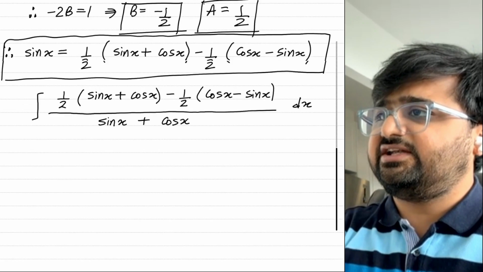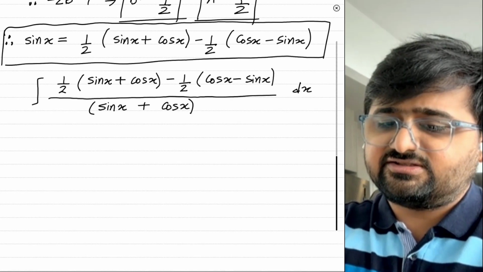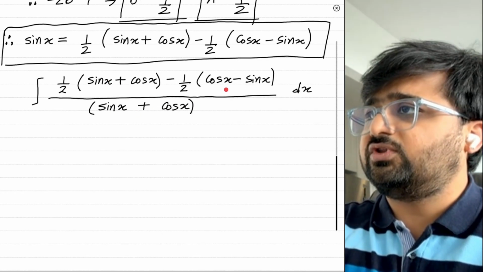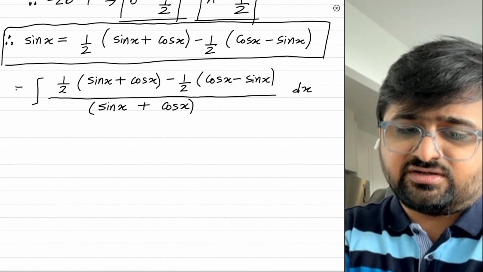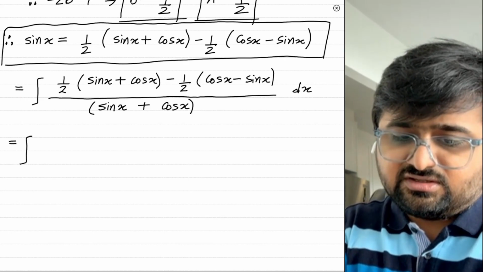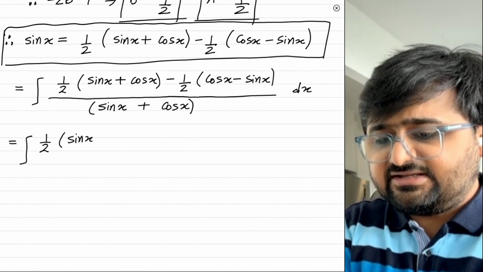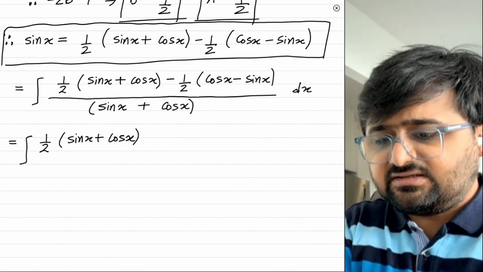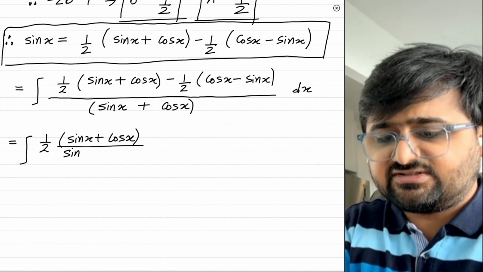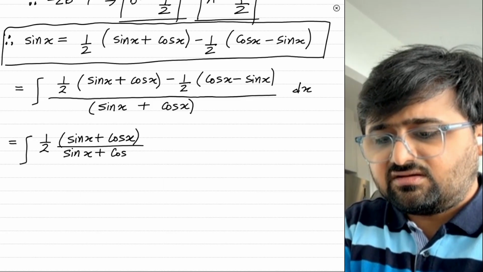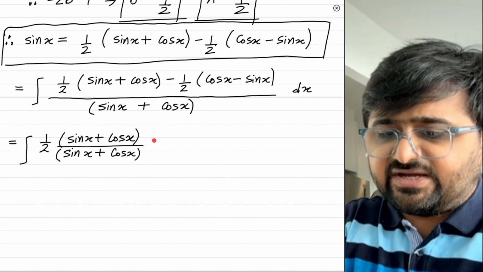Now you can split that function. So we can split this and give it to both of these terms in the numerator. So we have half sin x plus cos x divided by sin x plus cos x with respect to x.